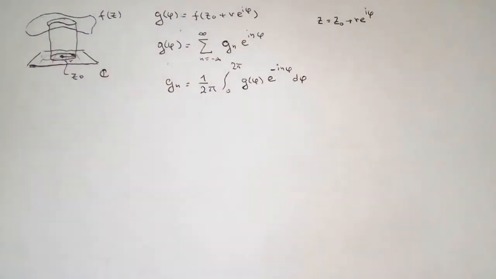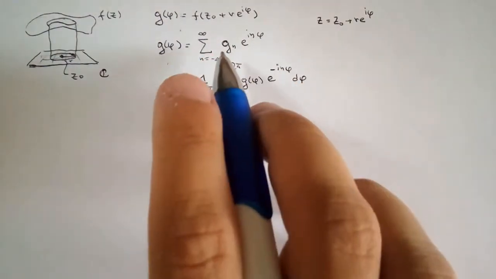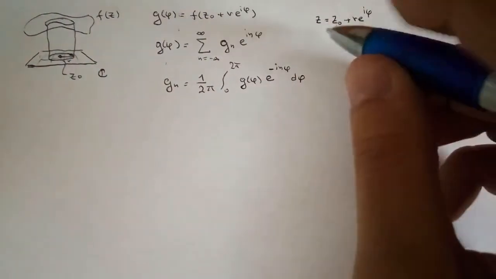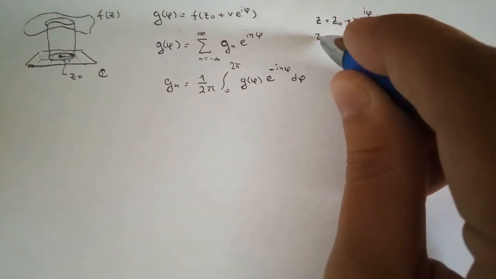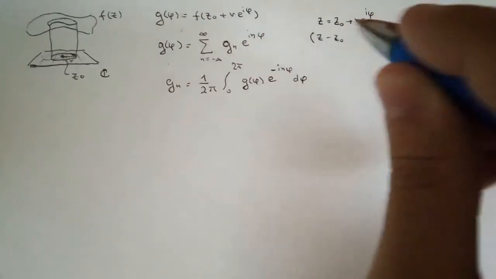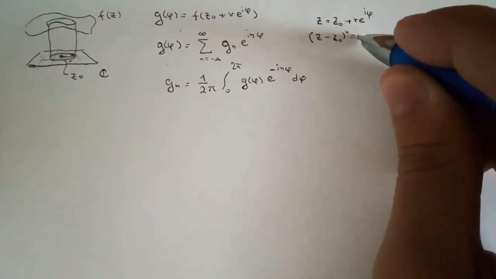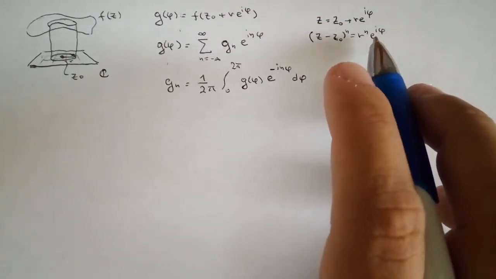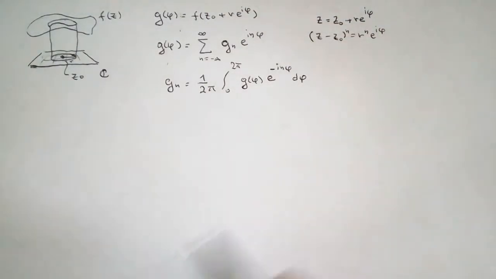of i phi in terms of this, because since z is equal to this, you can always write (z minus z0) to the power of n is equal to r to the power of n times e to the power of i n phi.